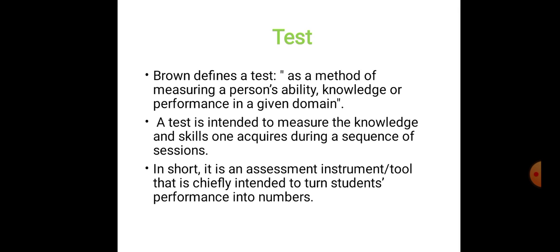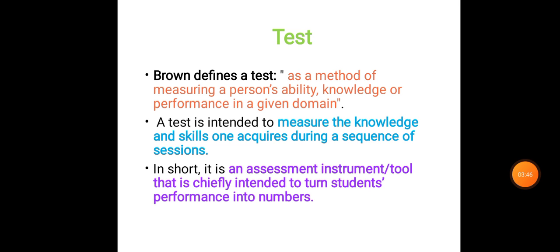Brown defines a test. A test is a method of measuring a person's ability, knowledge, or performance in a given domain. This is the definition of Brown. A test is intended to measure the knowledge and skills one acquires during a sequence of sessions.